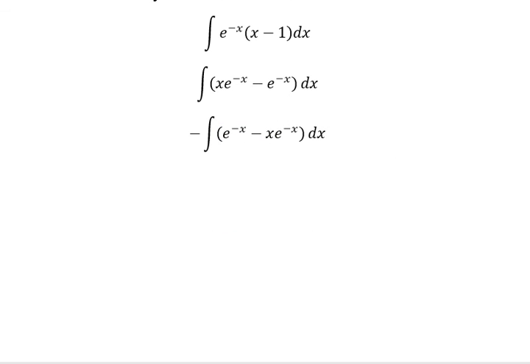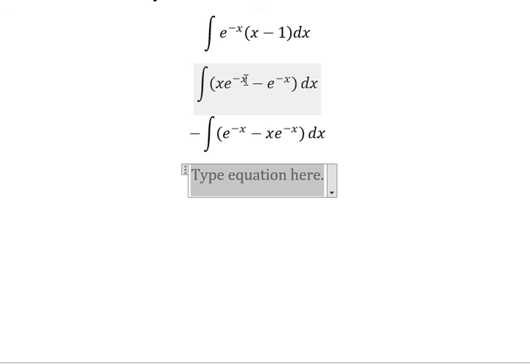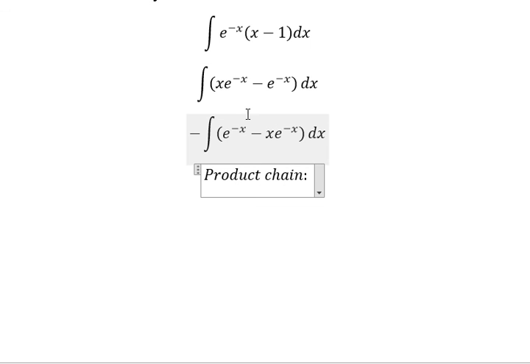We apply the chain rule. So if we look carefully, then we do first the derivative of x, later then we will do the derivative of this one. So that should be like this.